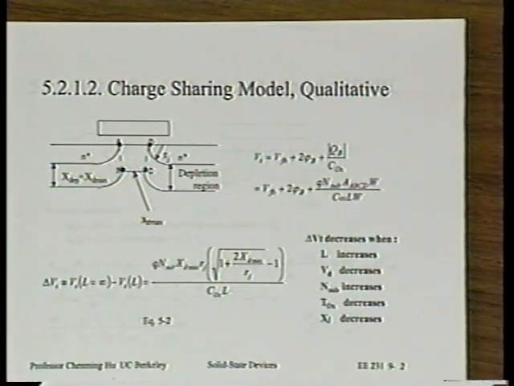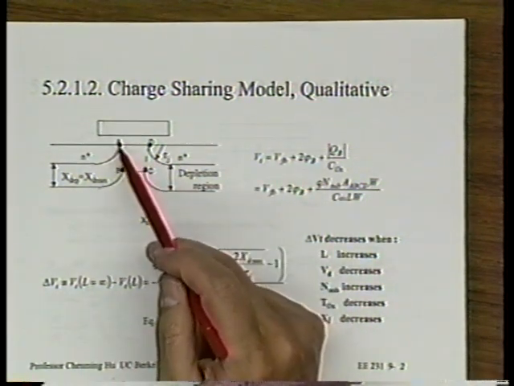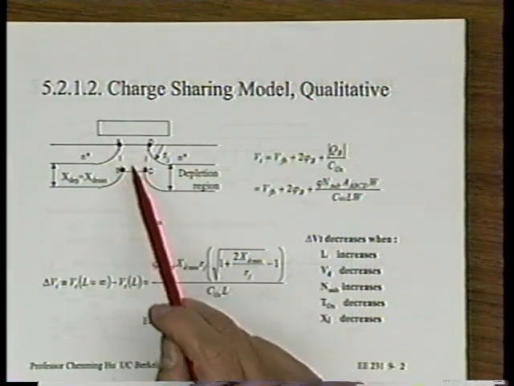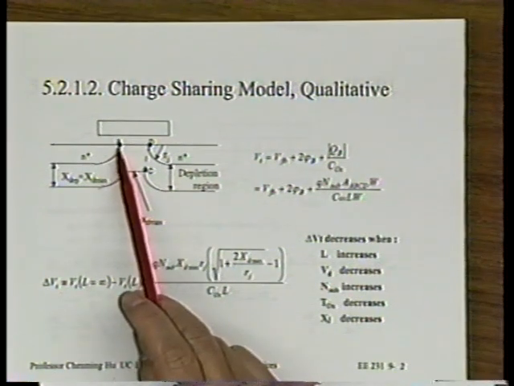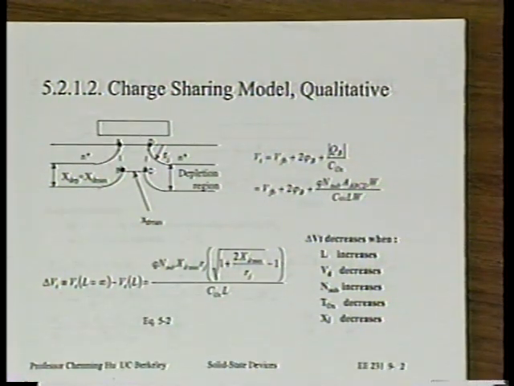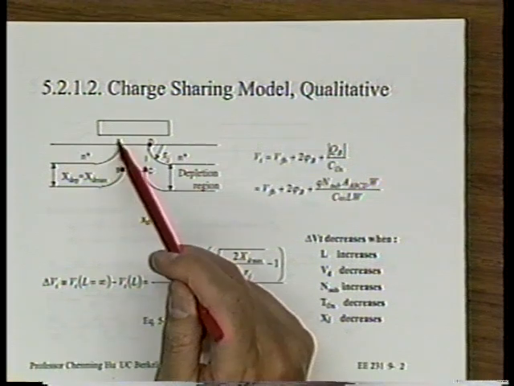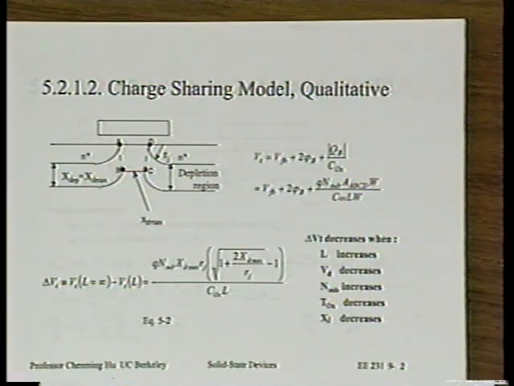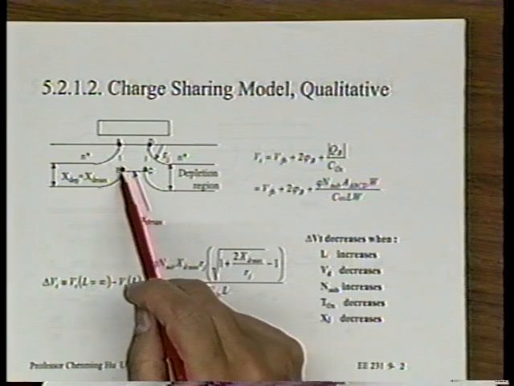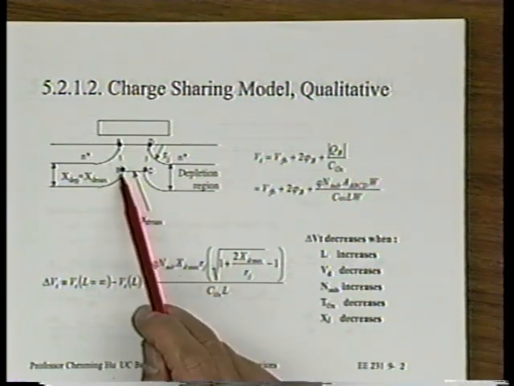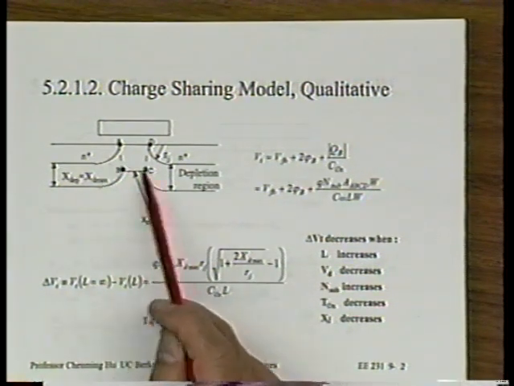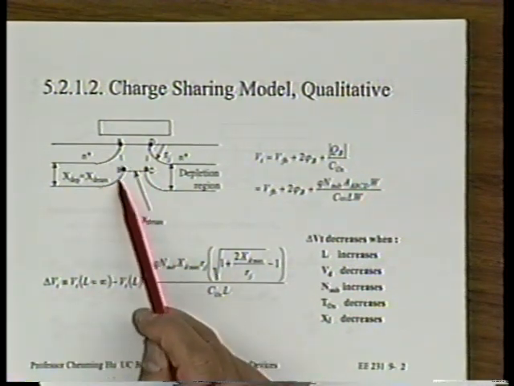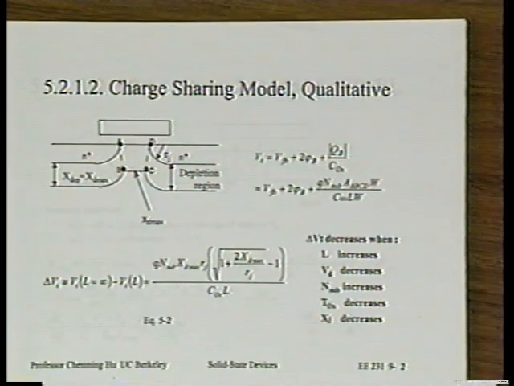All right. Next, the argument goes that let's pay attention to a trapezoid formed by these four points, A, B, C, D. Points A and D are obvious. You see where they are formed. They're just formed where the junction intersects the surface. B and C are formed by the intercept of this XD max line and this source depletion boundary.